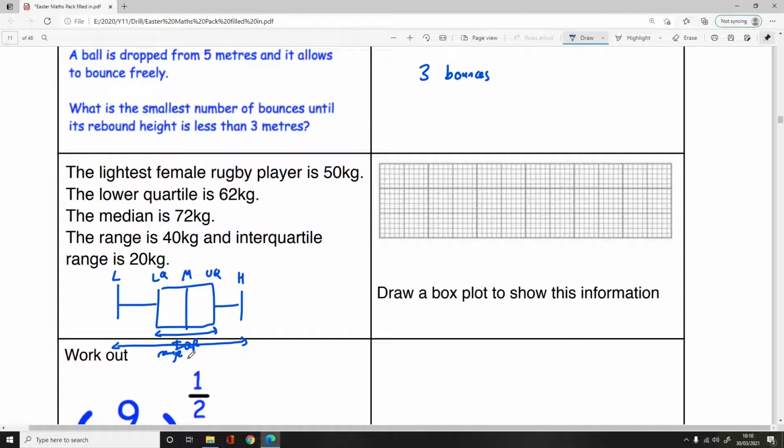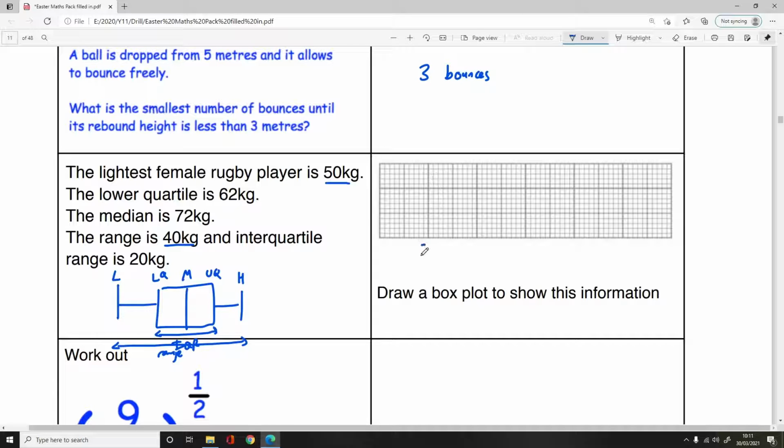So using the information we've got here, we'd want to scale, obviously. The lightest player is 50, so we want to start at 50. The range is 40, so the heaviest is going to be 50 plus 40 is going to be 90. So we want to go from 50 to 90. 1, 2, 3, 4. Yeah, okay.